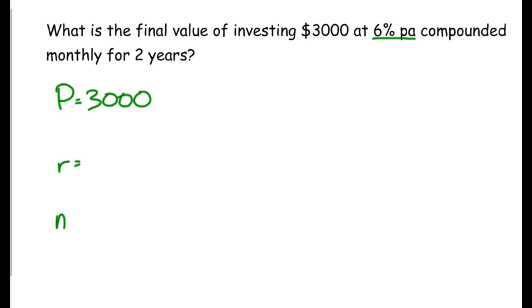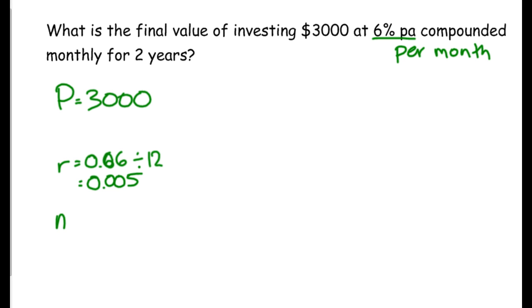So it must be in months. It must be per month. So I need to divide that by 12. 0.06 divided by 12 gives me 0.005. Okay, so that's the number I'm going to use as my rate.